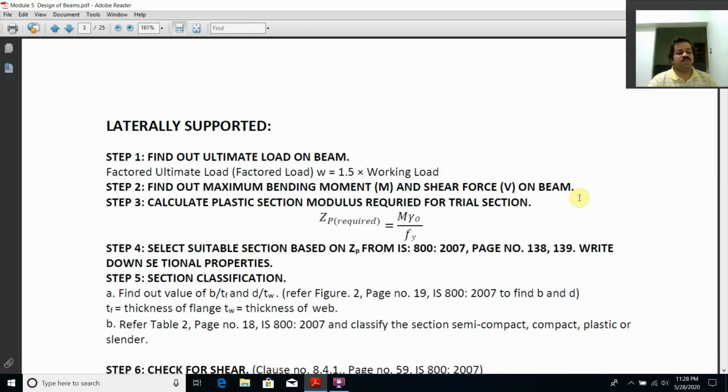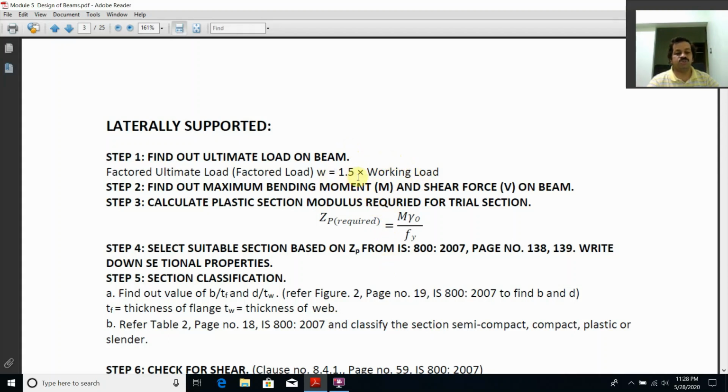A classroom of dimensions 7 meters by 10 meters will be given, and intermediate beams are spaced at 3 meters. So you calculate the loads. Once you find the loads, that is called the characteristic load or working load. We design as per limit state design, that is, the factored load is equal to the partial safety factor 1.5 into the working load.